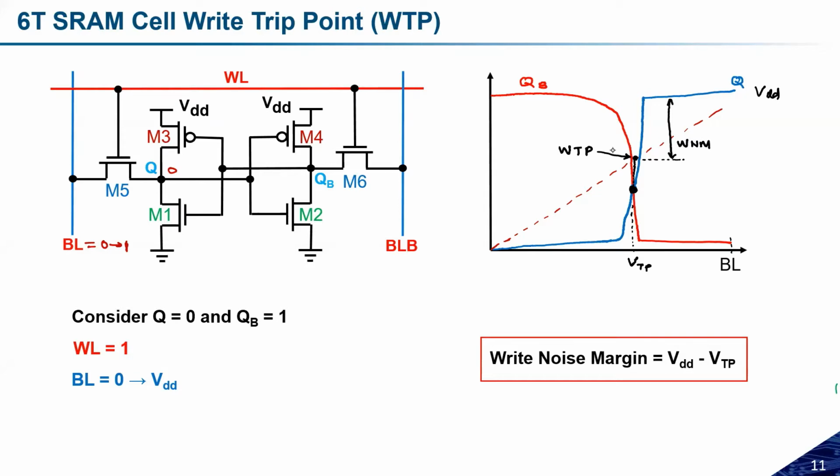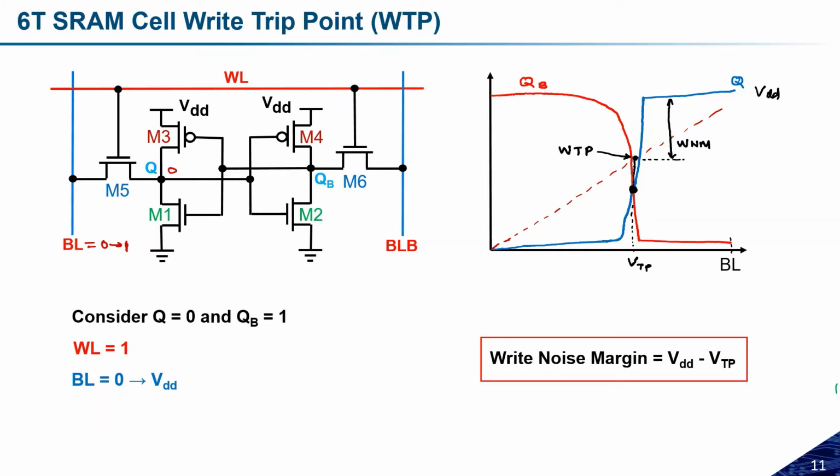Suppose we are performing Monte Carlo simulations or other things, in that case calculating this noise margin is somewhat difficult, especially with single stable points. To avoid that problem, another parameter can also be used to calculate the write margin. So the write trip point is another way to calculate the write stability.